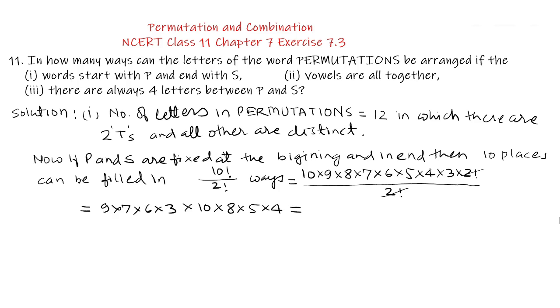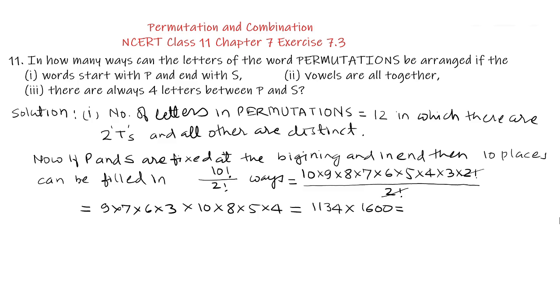This is equal to 9 times 7 is 63, 6 multiplied by 3 is 18, 63 times 18 comes out to be 1134, and 10 times 8 is 80, 80 times 5 is 400, 400 times 4 is 1600.